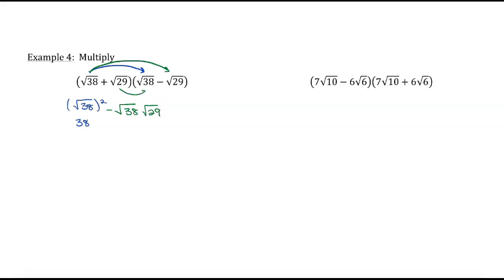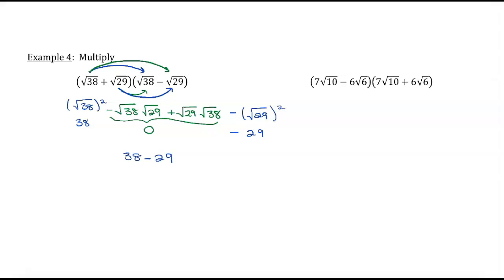And then a positive root 29 times a positive root 38. These two middle terms cancel each other out and simply become a 0. And finally, we have root 29 times negative root 29, or negative root 29 multiplied by itself, which is simply negative 29. So what we are left with is simply 38 minus 29, or positive 9.